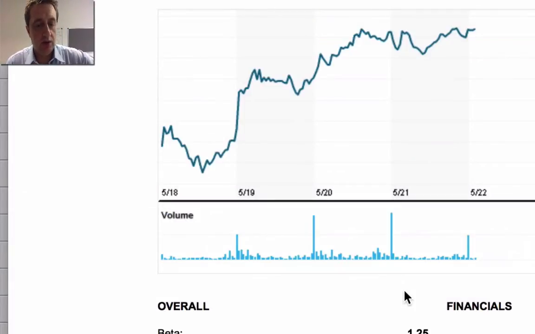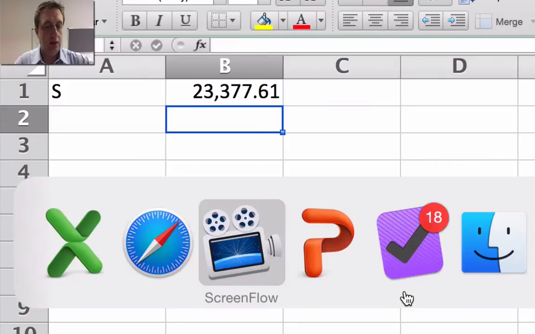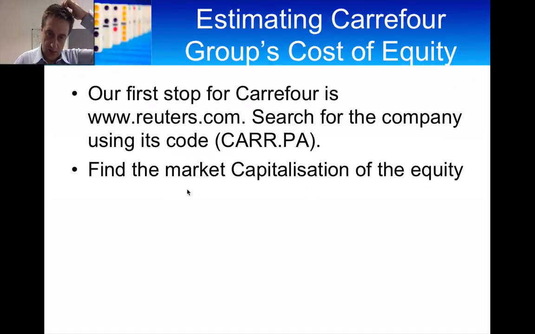Just make sure that's right. Yep. Okay, there's S. So we've got the market capitalization of the equity. Now that's in millions of euros, so let's be careful of that.